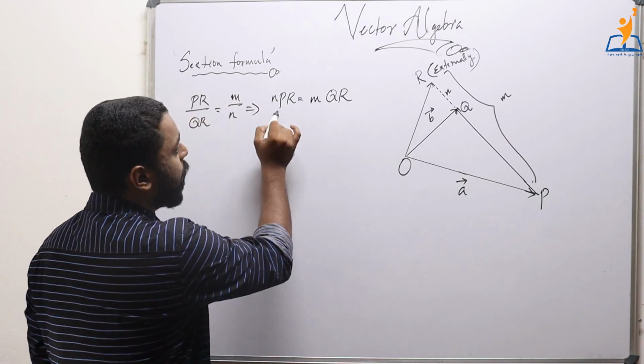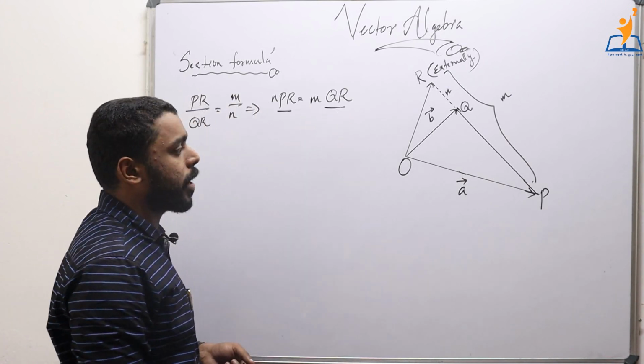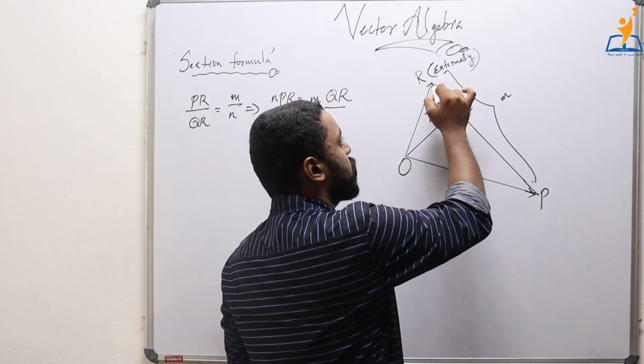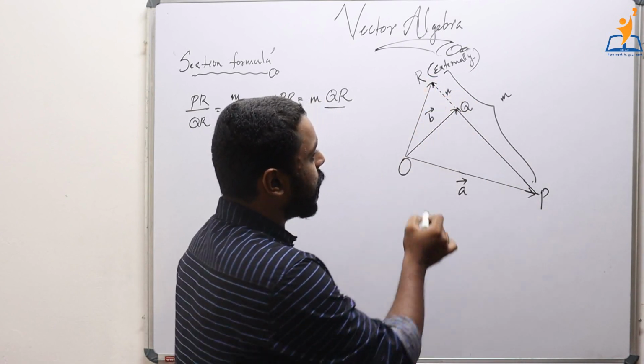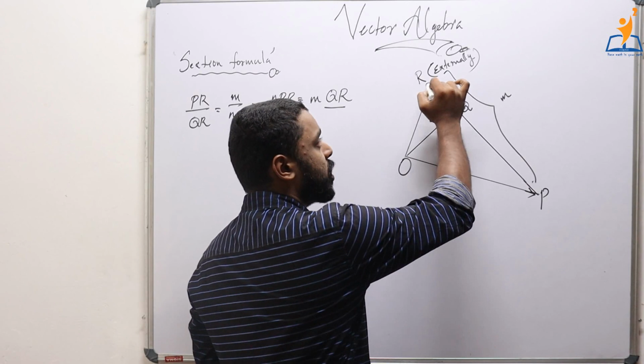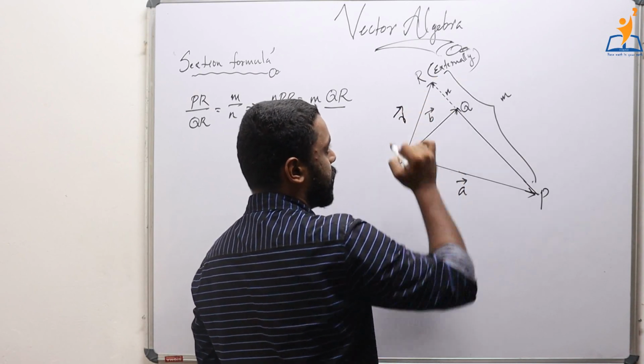So as before, we have to find PR as well as QR. Now we can locate PR. PR is the vector that starts from P to R. Note that we have to find the position vector of the point R, and we named it as the vector R.